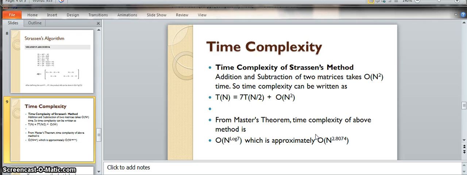Generally the Strassen method is not preferred for practical applications for the following reasons. The constants used in the Strassen method are high, and for typical applications our standard method works better.